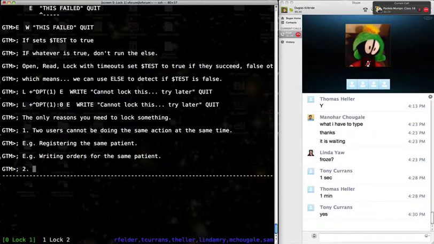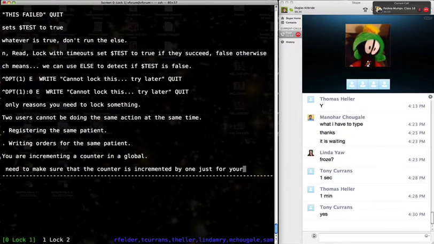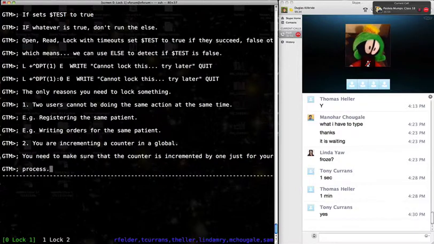Two, you are incrementing a counter in a global. You need to make sure that the counter is incremented by 1 just for your process.